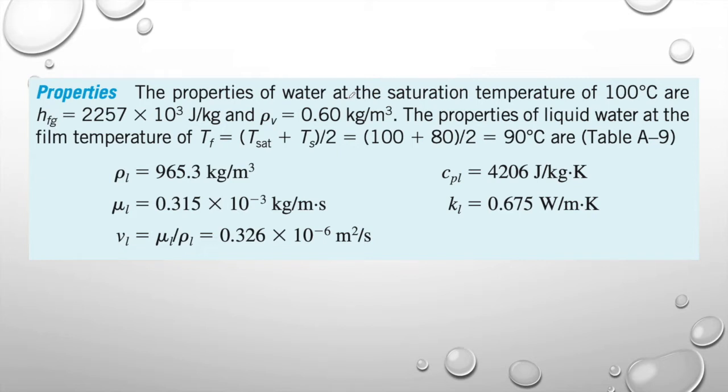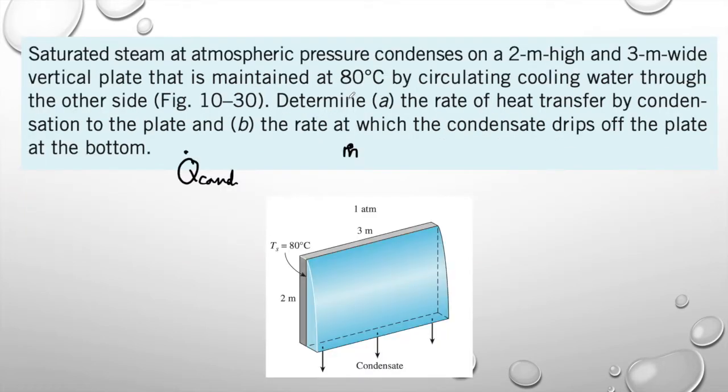What we have to do is to sum up T saturation and T surface and divide it by 2. So T saturation of water is at 100 degrees Celsius. Why? Because it is saturated steam at atmospheric pressure.